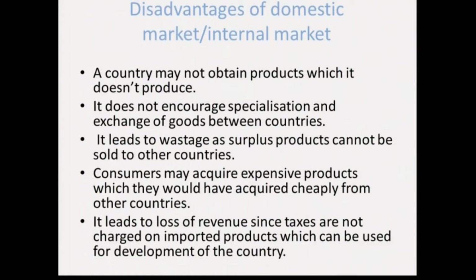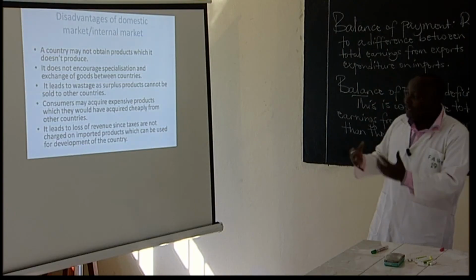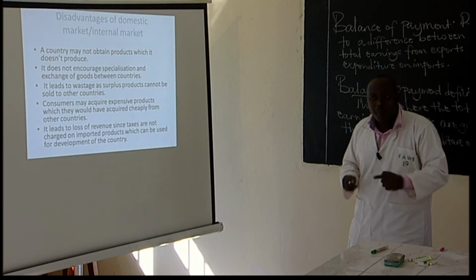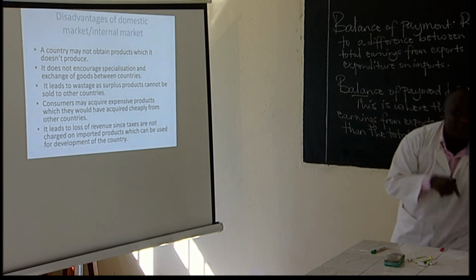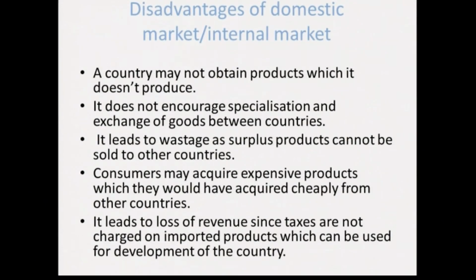The cheaper products that could have been bought from other countries, the consumers will not have a chance to access because there is no alternative. There are no foreign products which are cheaper. Now, consumers within the country will be forced to buy local products which are expensive, and this will lead to high cost of living, which affects the standards of living of the citizens.